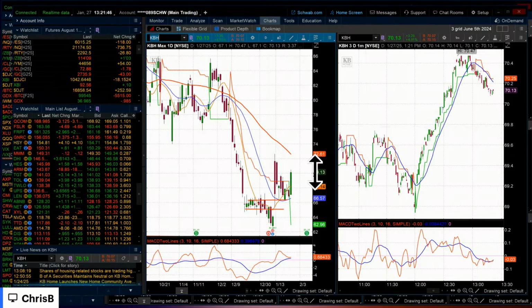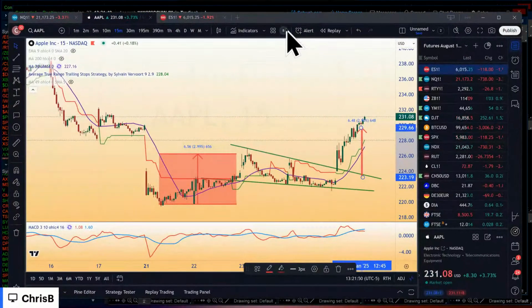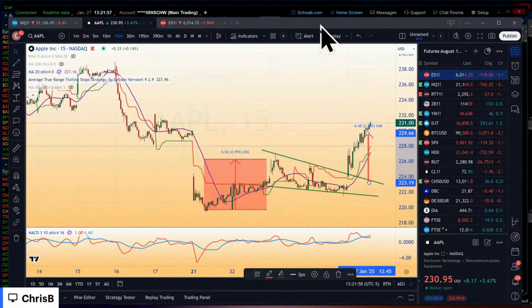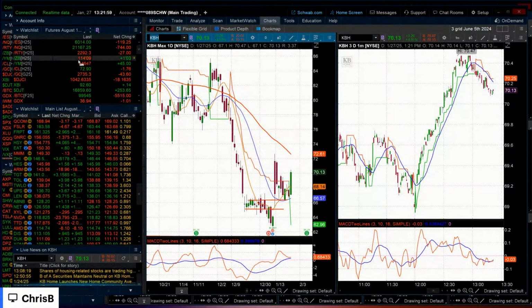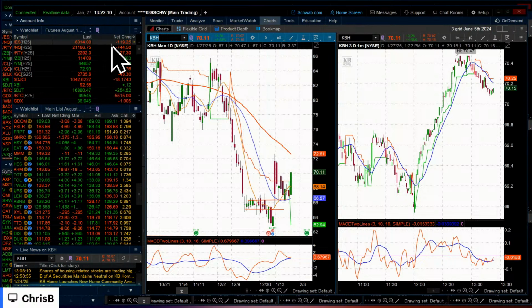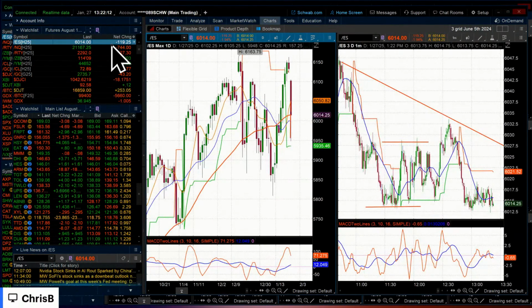And now, I'm just telling you, like Apple is tough because it's sort of its own entity. So that goes a lot on chart patterns. But do you play like NVIDIA? I'm just telling you, the whole market, if the Russell can't lead, and if the SMH can't lead, and the SMH is what made it go down, then I don't know what makes you think it's going to have a huge rally.